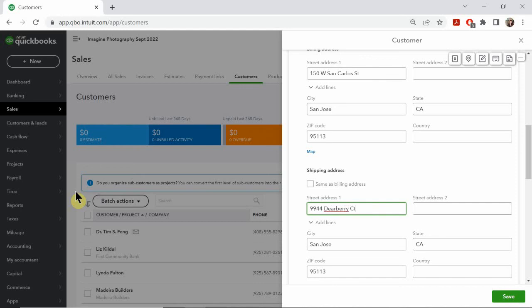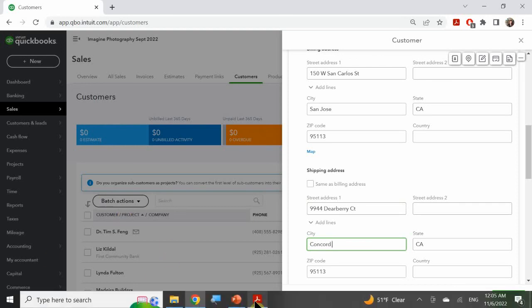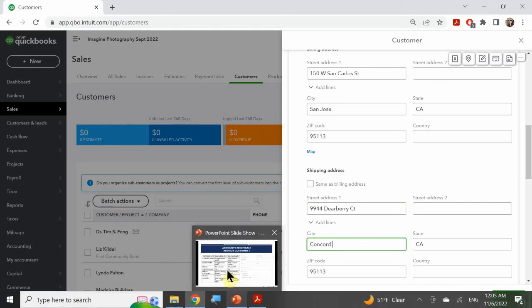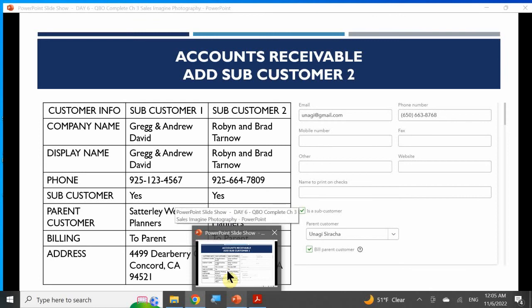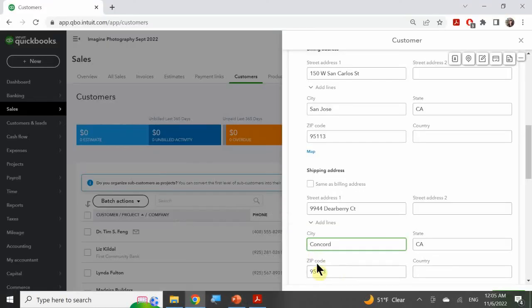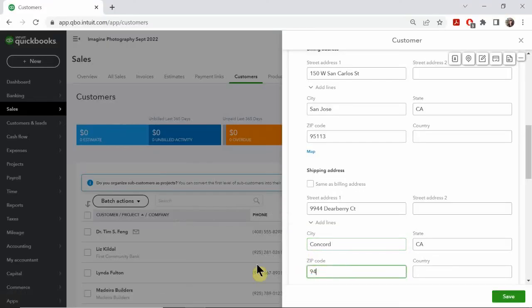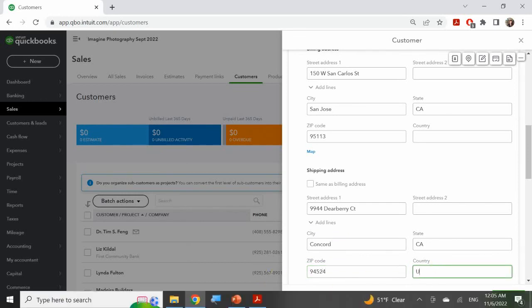They live in Concord, California, and their zip postal code is 94521. Okay, United States.